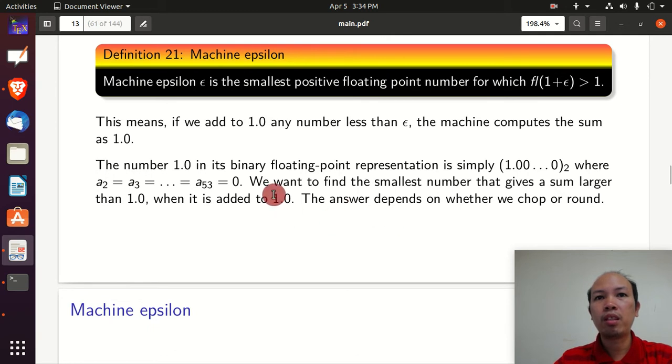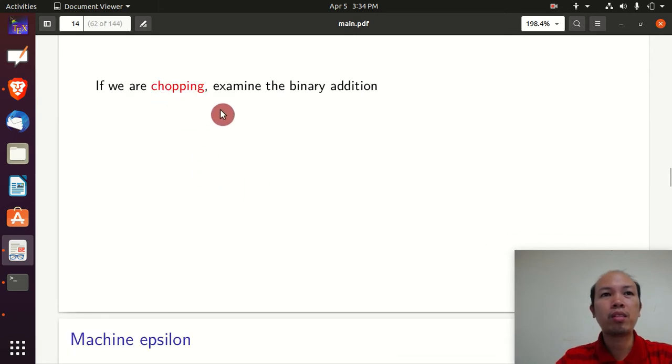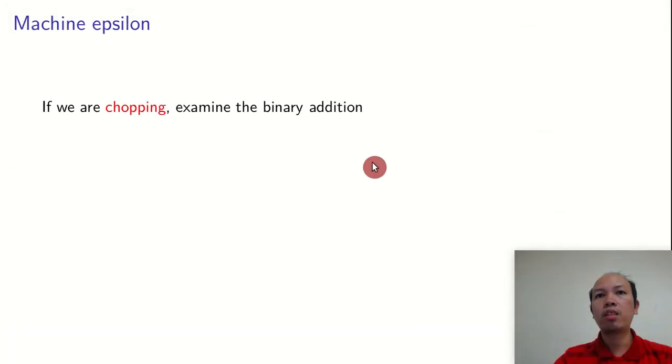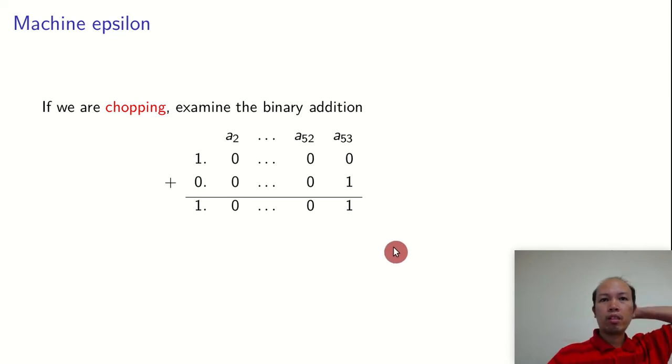This number, epsilon, will depend on whether we chop or round. If we are going to use chopping, just like in the previous discussion in lecture chapter 1 part 3E, actually this is part 3F, this will be the form.